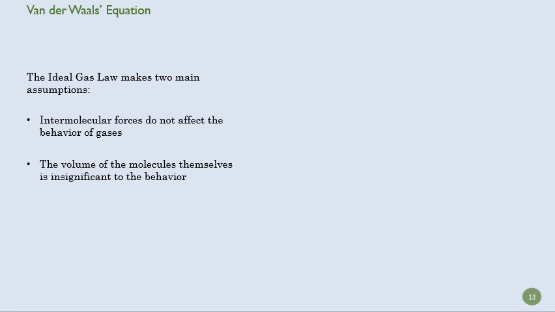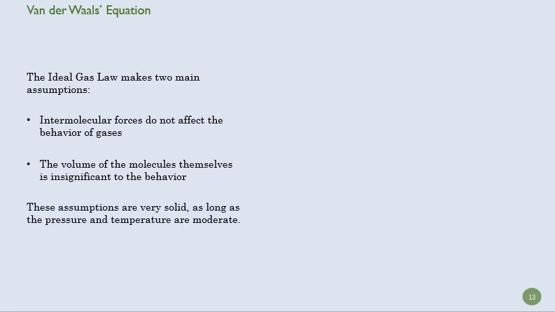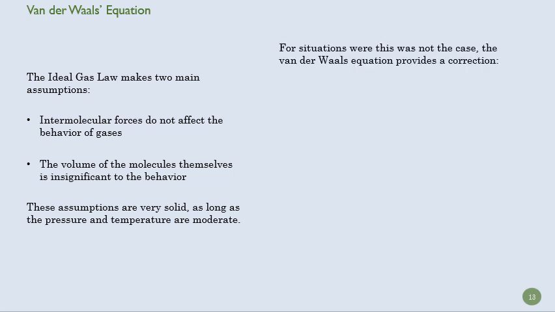In other words, the gases are so far apart and so small that their interactions don't matter, and that the volume of the molecules don't matter. The molecules are so small compared to the volume that we can think of them as point masses. Those are pretty solid assumptions in what we would think of as normal everyday conditions.